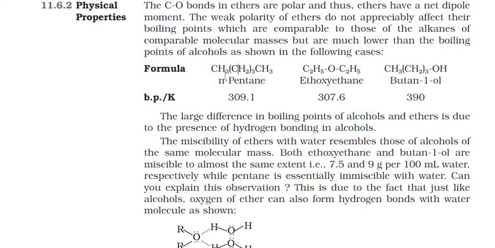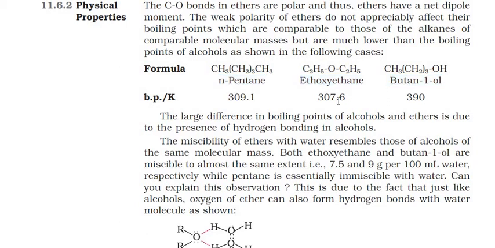That means if you compare similar compounds, in the sense compounds having almost identical or comparable masses, okay, so these are the three compounds which have comparable masses: n-pentane, ethoxyethane and butan-1-ol. Then you can see there is not much difference between pentane, this alkane, and ether.